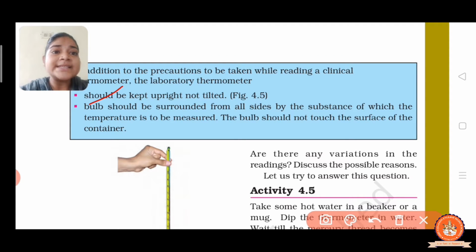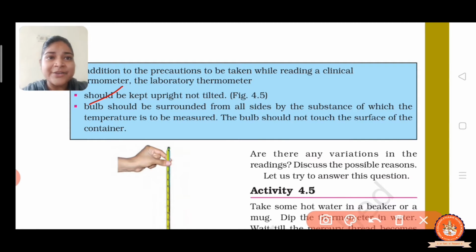The bulb should be surrounded from all sides by the substance whose temperature is to be measured. Ensure that the thermometer does not touch the bottom or the sides, because we want the temperature of the liquid, not the container. And take the reading while the thermometer is still in touch with the substance whose temperature is being read.